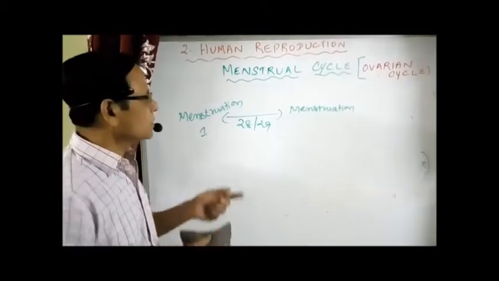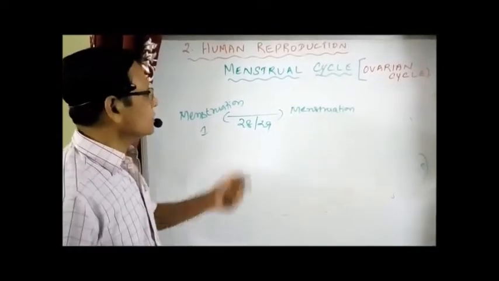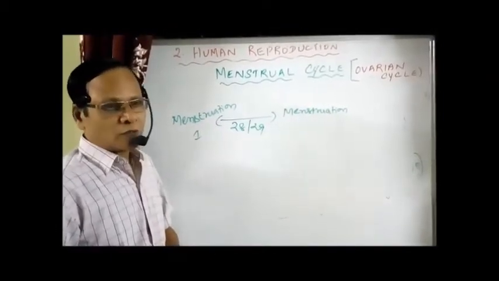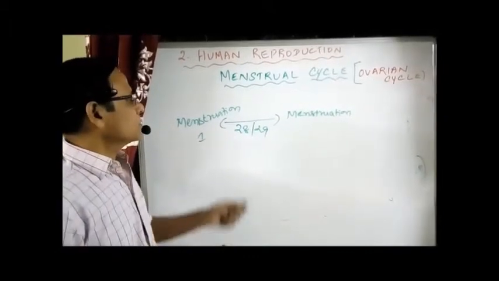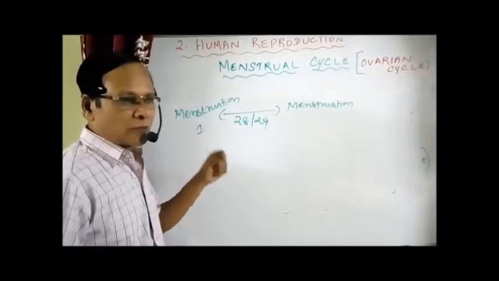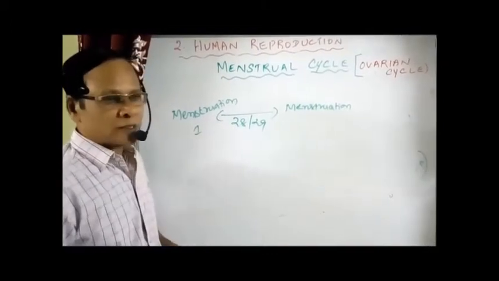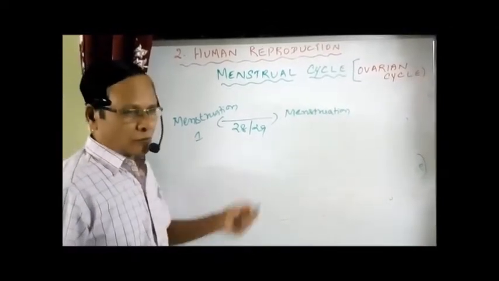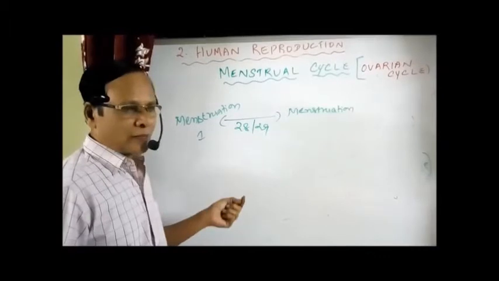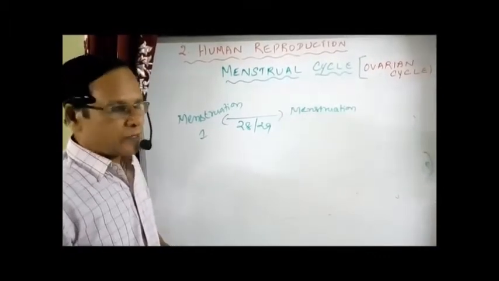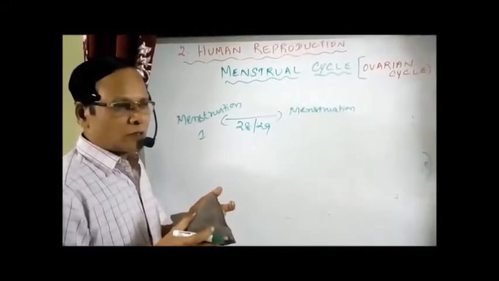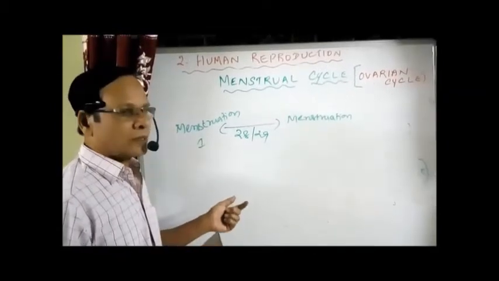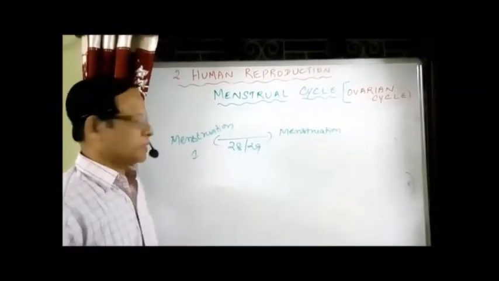The absence of menstrual cycle indicates pregnancy. Regular cyclic menstruation is an indicator of the normal female reproductive phase, indicated by the cyclic menstruation happening every month.